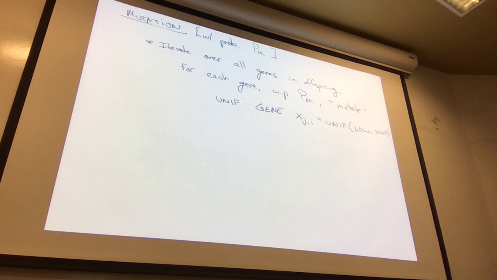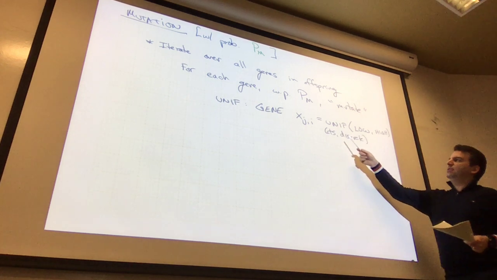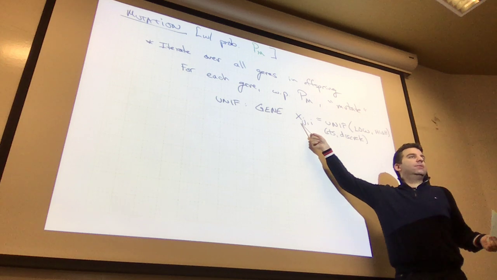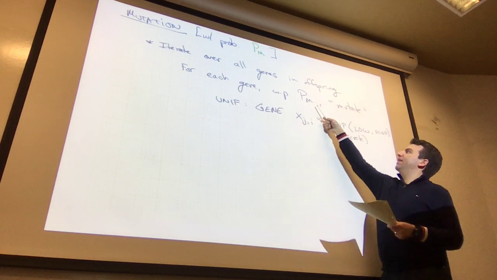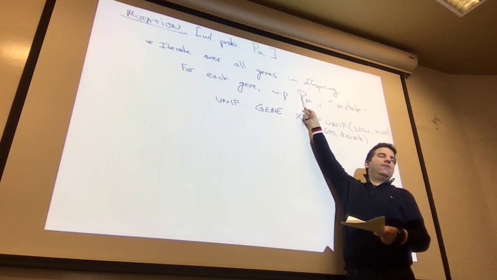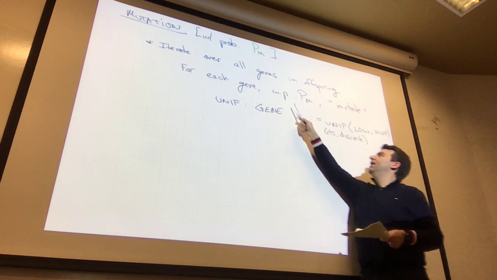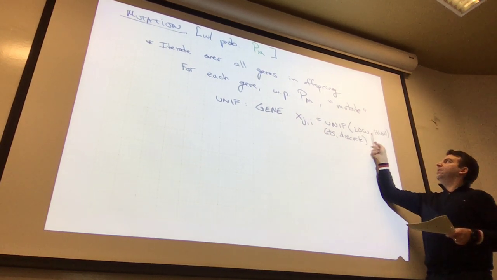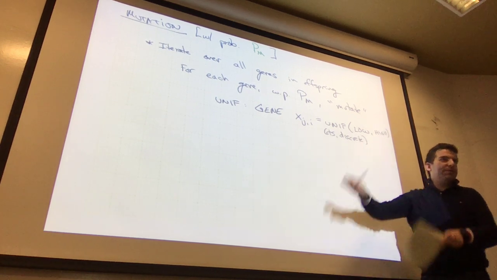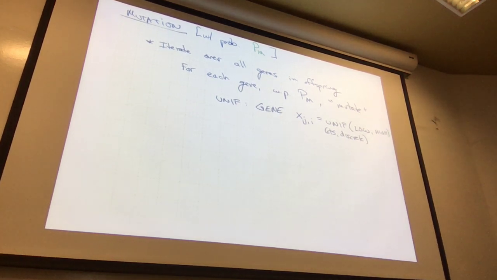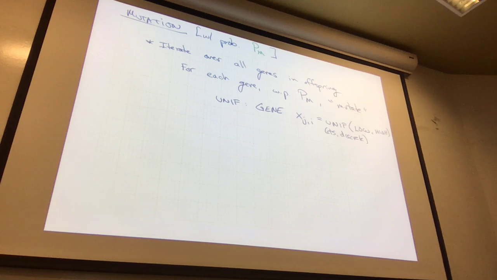In this case it's continuous, but you can think of continuous or discrete, whatever makes sense for you. At this gene, I don't care what it used to be. I flipped a coin, it was targeted for mutation, so I'm going to replace it with a random value between here and here. And then that will be that offspring. Now you might say that's a little harsh.